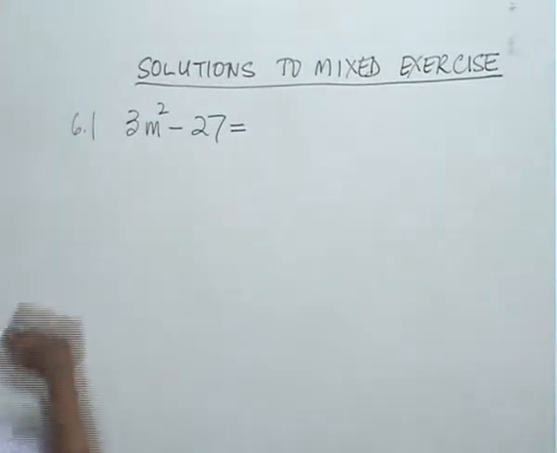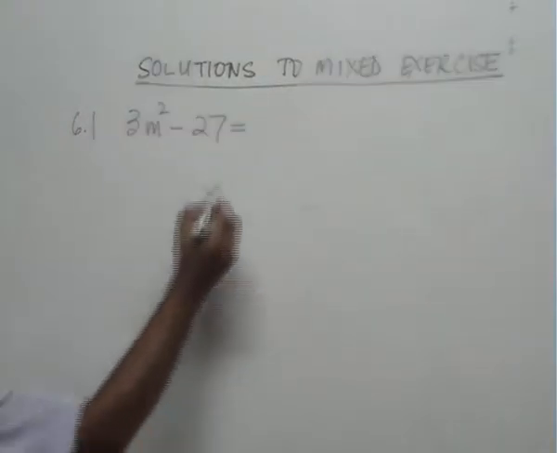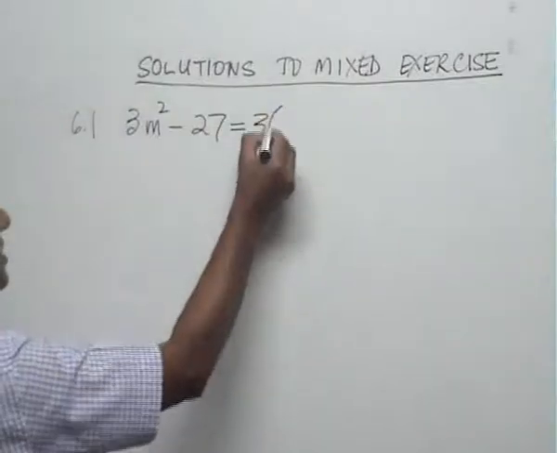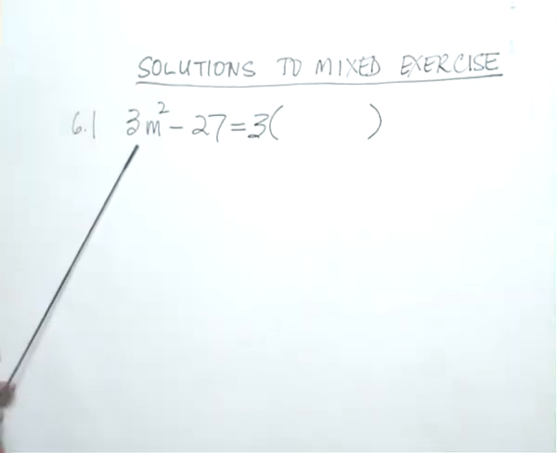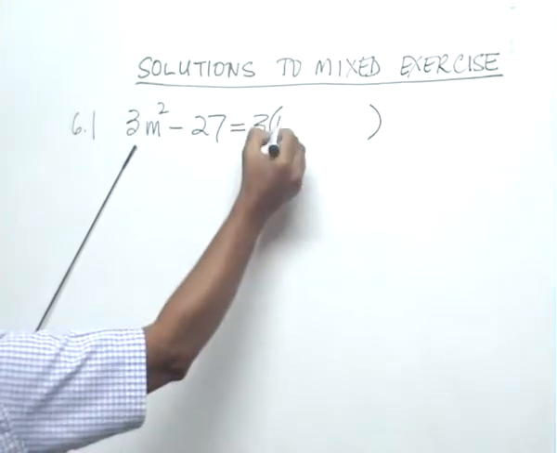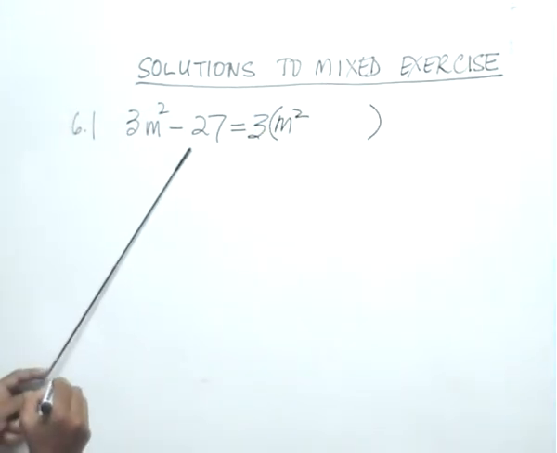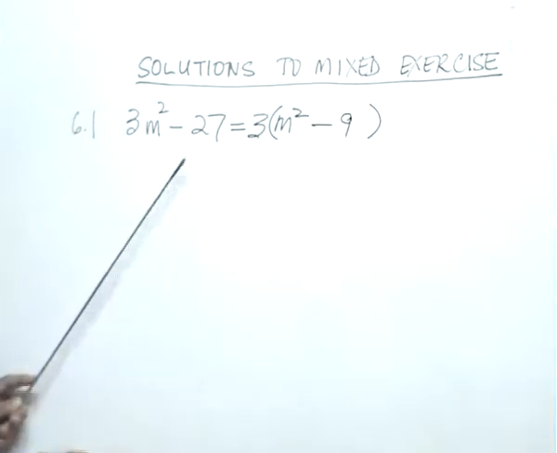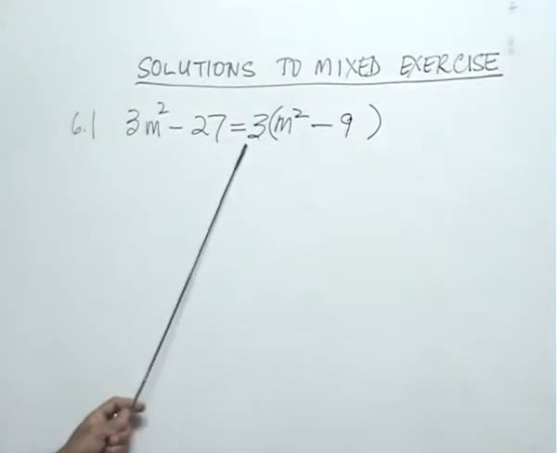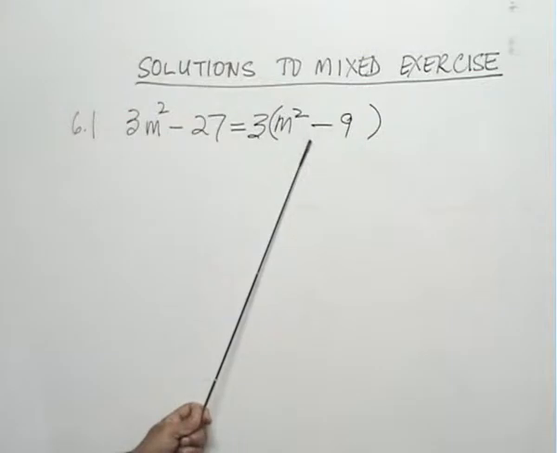So when we study it carefully, we find that 3 is a common factor. So we write down the common factor 3, and then we divide 3m squared by 3, and we're left with m squared. We divide minus 27 by 3, and we're left with minus 9. And then we look at our answer, and we find that inside the bracket we've got a difference of 2 squares.